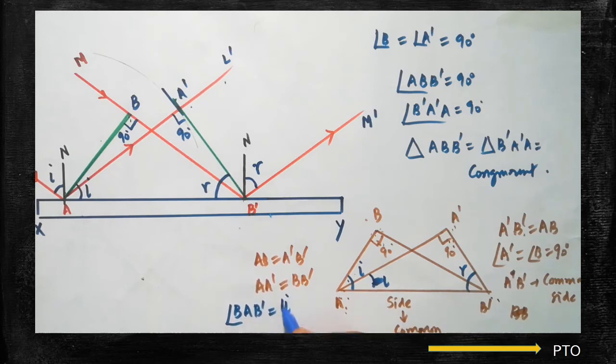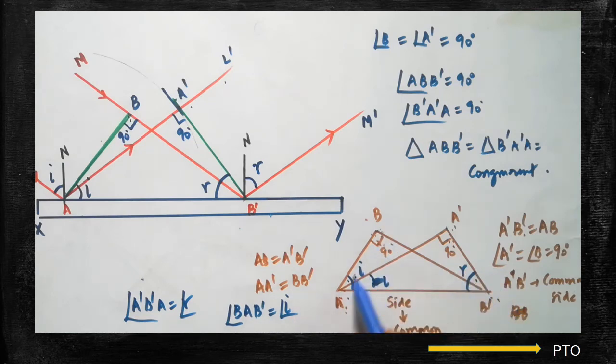Angle I. Are you clear? The angle A dash B dash A is equal to R. Are you clear? Which two are equal? This angle must be equal to this one. Since the triangles are congruent, these two will be equal.